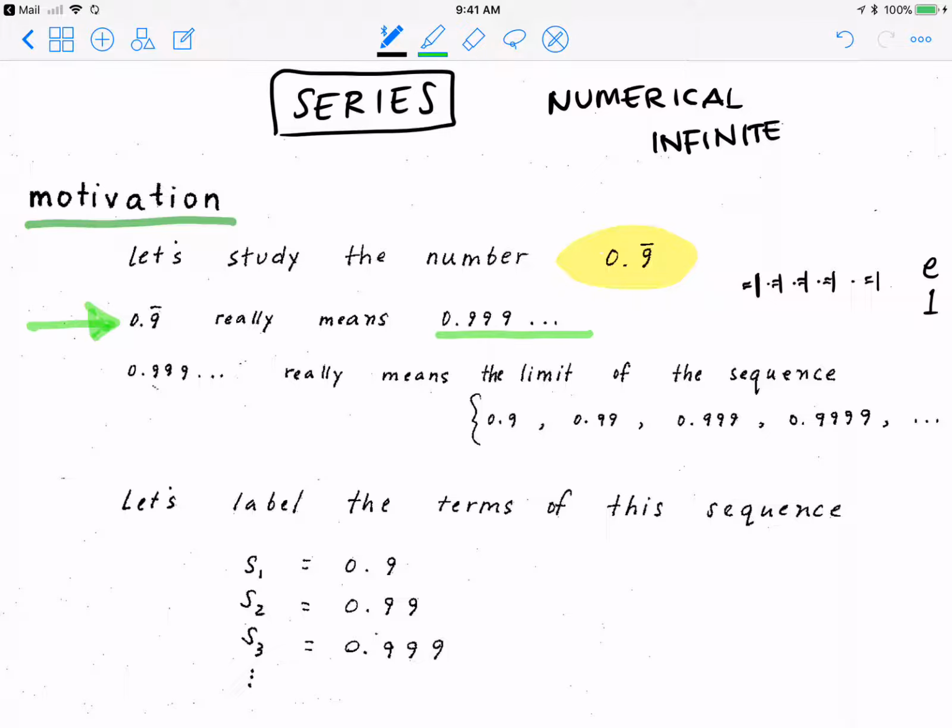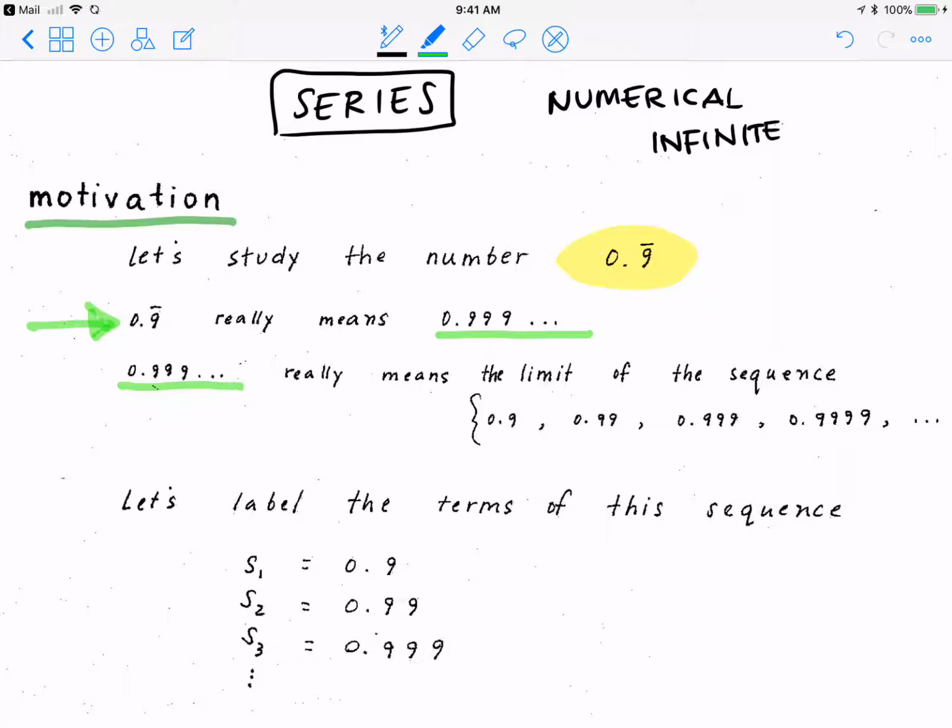Sometimes the limit is 1. Sometimes the limit is plus infinity. So you have to be careful when you're doing an operation infinitely many times. That's why we have to have all of this structure around computing limits.